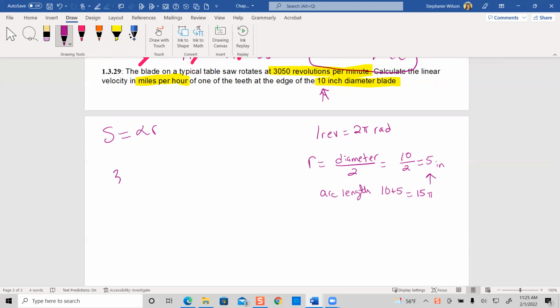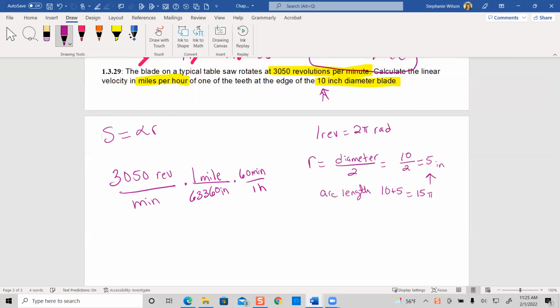We got the 3,050 revolutions per minute. And we know that for 1 mile, it is 63,360 inches. And we know 60 minutes is in 1 hour.